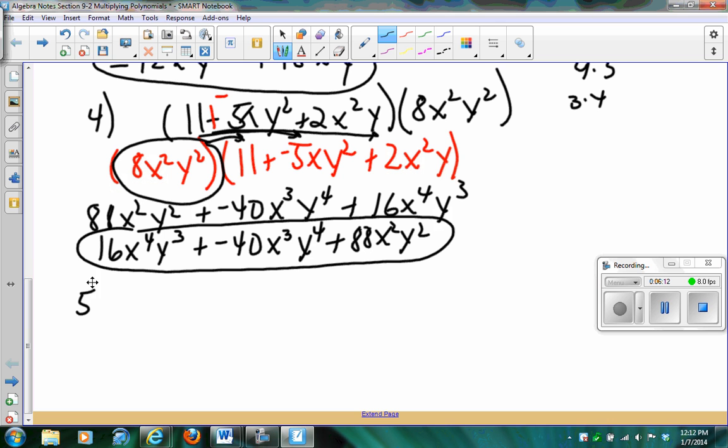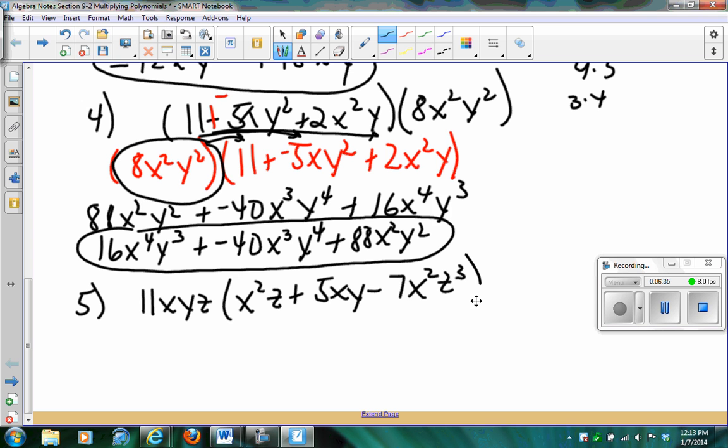The last one in this portion that I would like you to try is 11xyz times the quantity x squared z plus 5xy minus 7x squared z to the third.